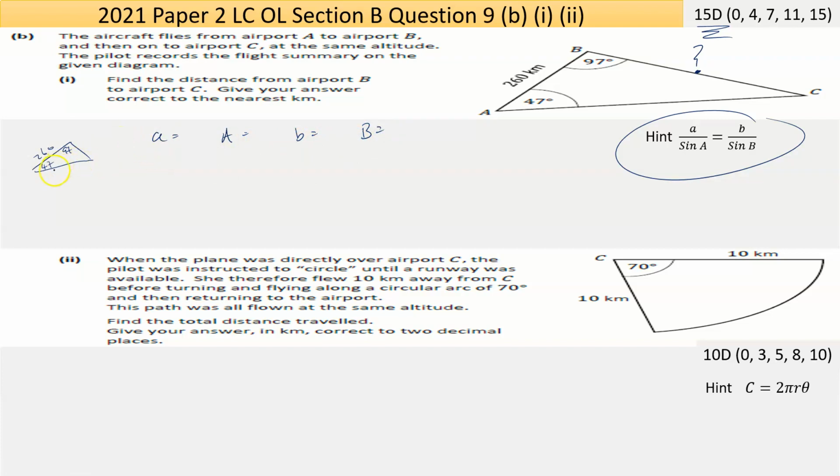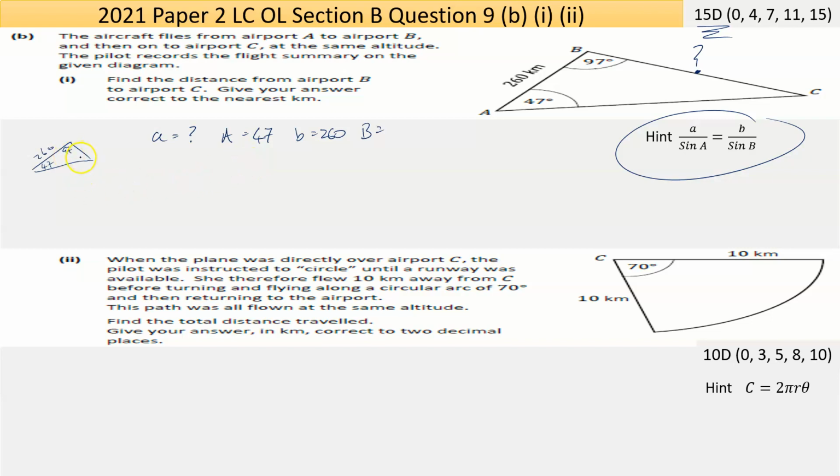So let's see if I have, okay, I'm going to call that 47. I'm going to call that big A. Do I have the corresponding side? No, I don't. Now I just realized there is a problem here. I have the side 260, but I don't have the angle B. Now here's where you have to kind of make the leap.